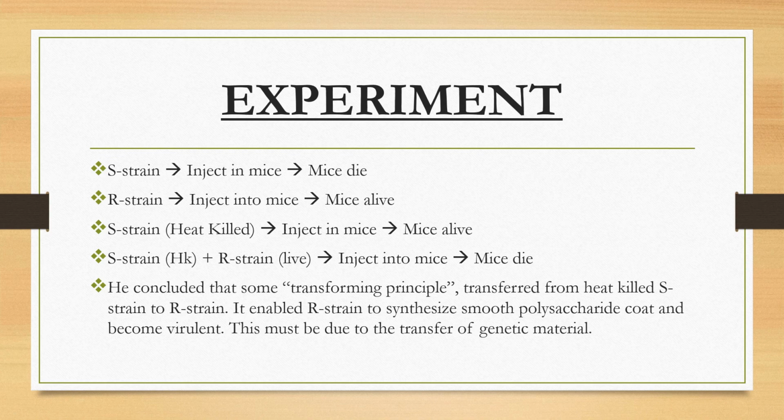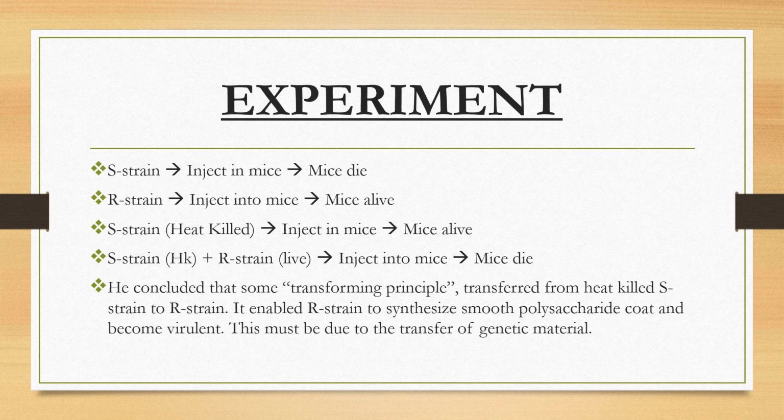Now what did he do in the experiment? In very short, the experiment is described in this slide, and it can be kept in mind by using a few equations or statements.